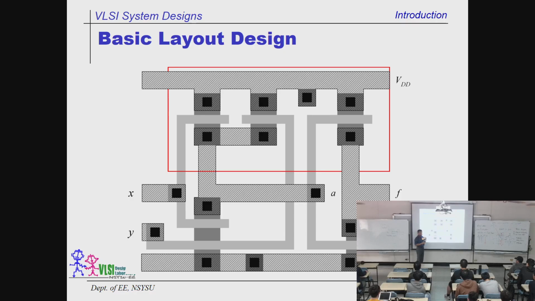So it is our job to tell the process engineer where I like to have my PMOS transistor and where I want to have my NMOS transistor. This is the usage of the red box. Don't worry about it, we're going to talk about it more.